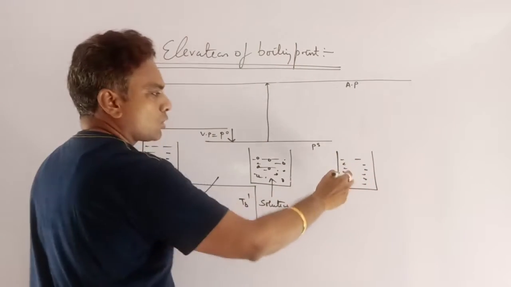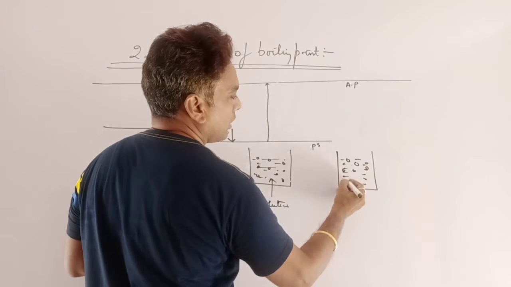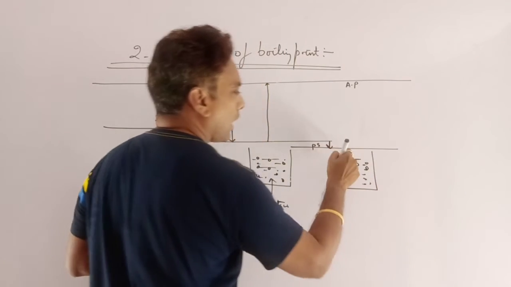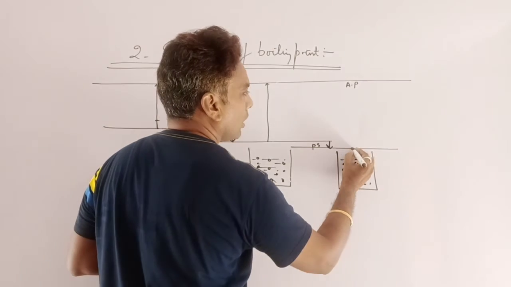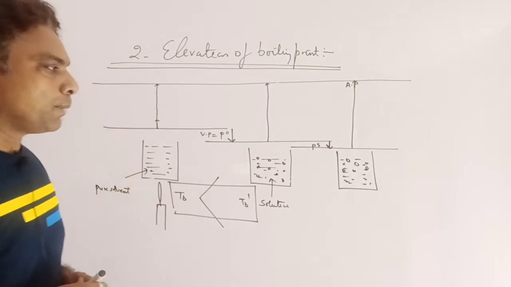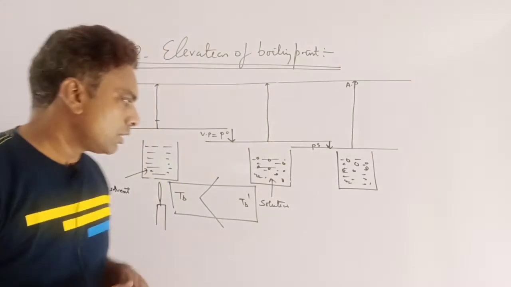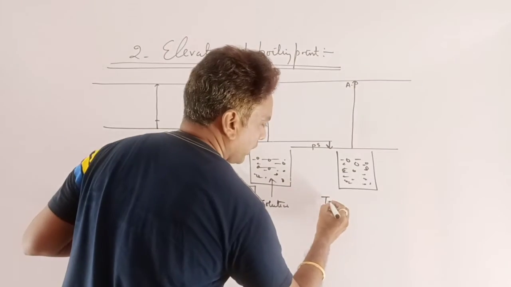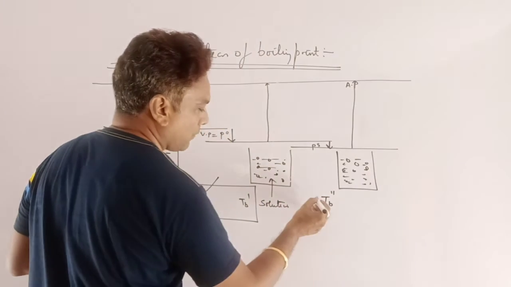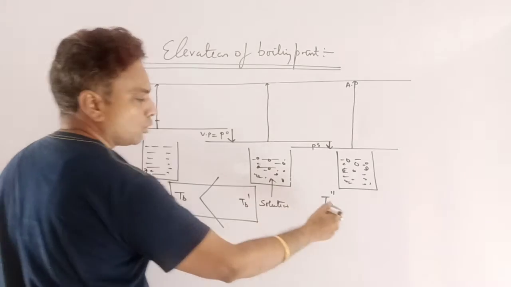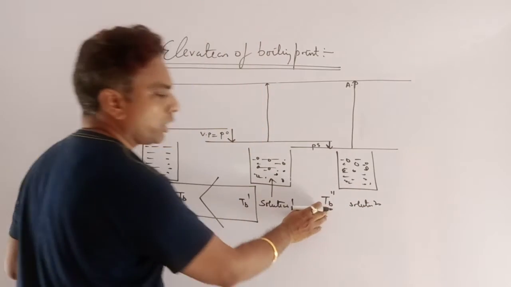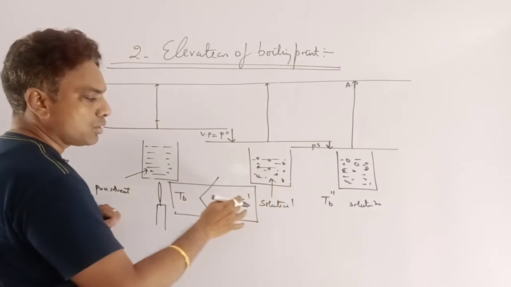If we mix more solute in the same solution, then the vapor pressure will decrease further, and this decreased vapor pressure reaches atmospheric pressure at an extended temperature, which is known as the boiling point of solution 2. There is solution 1, and suppose this is solution 2, then the boiling point of solution 2 is greater than solution 1.